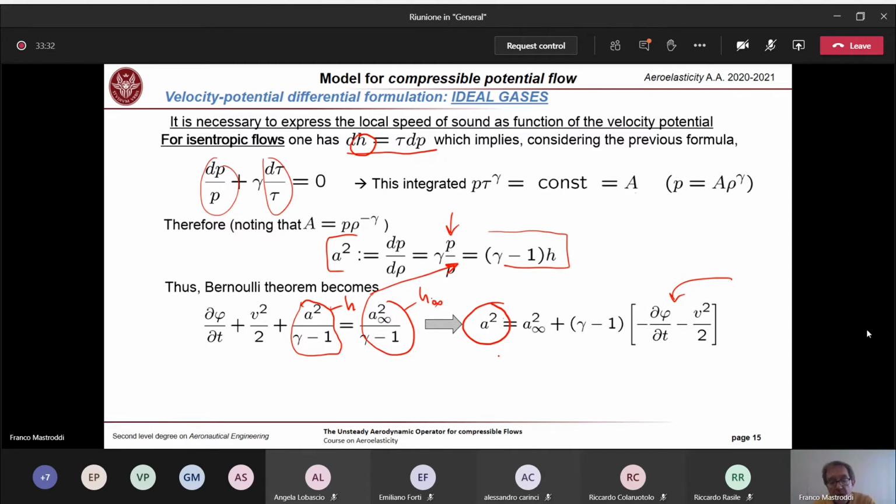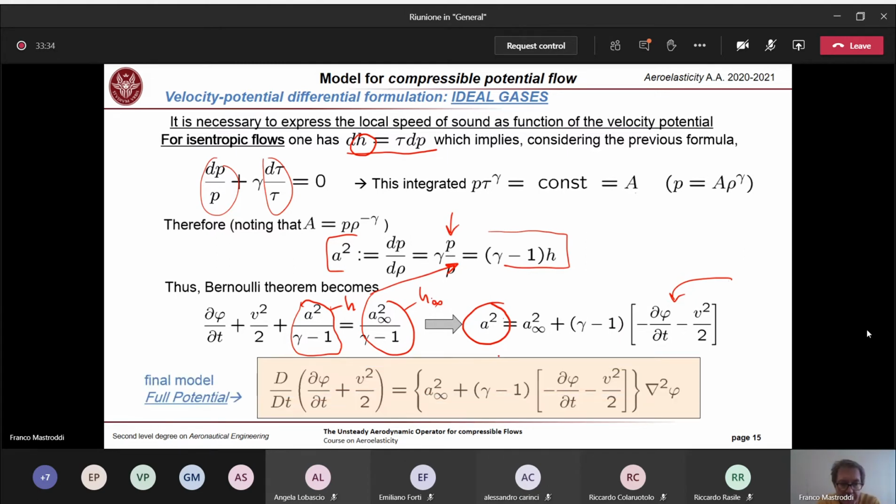So we have closed our problem, and this is our final equation, where this is a square, and here we have the Laplacian of phi, and here we have the famous time operator that we have interpreted a few minutes ago.